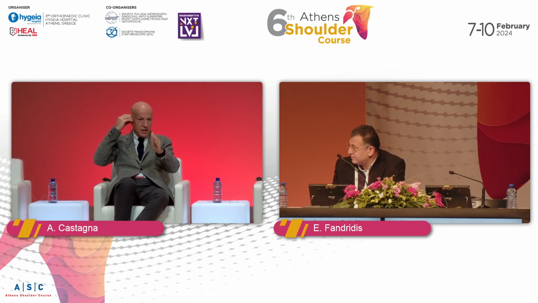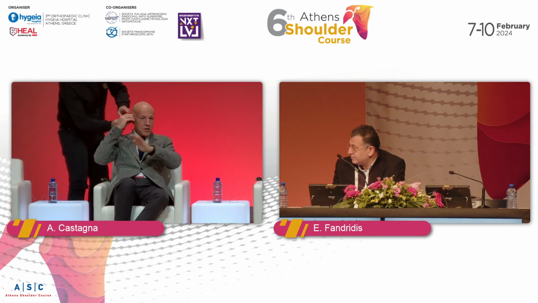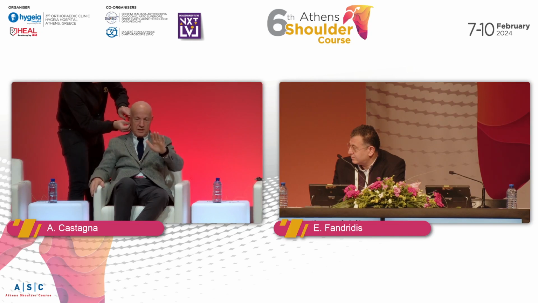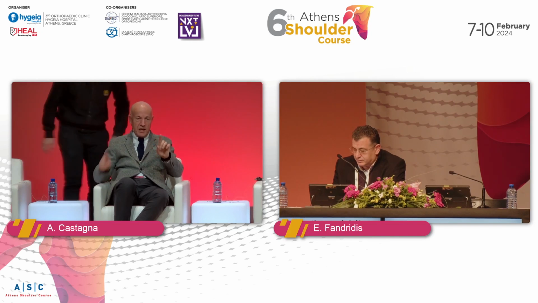If it is a B1 or easy case, there is no assistance. Just go straight with the system that you are implanting. Otherwise, they will never learn how to operate and face an issue. Then you go to the B3 something, and then you need some assistance, and it is the yellow light, and you do a planning. Then you go to the red light, where it is so complicated that you need a custom one. Probably the red and yellow lines will one day all be custom-made. This is my opinion.